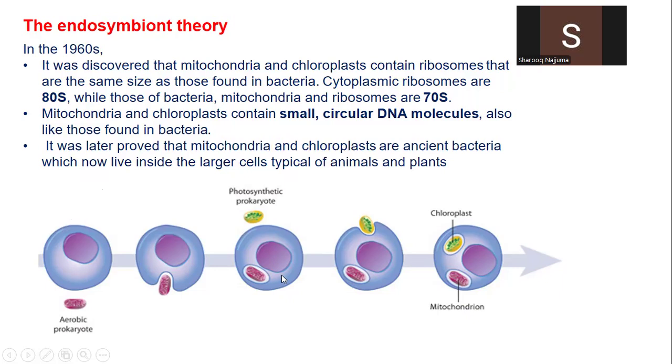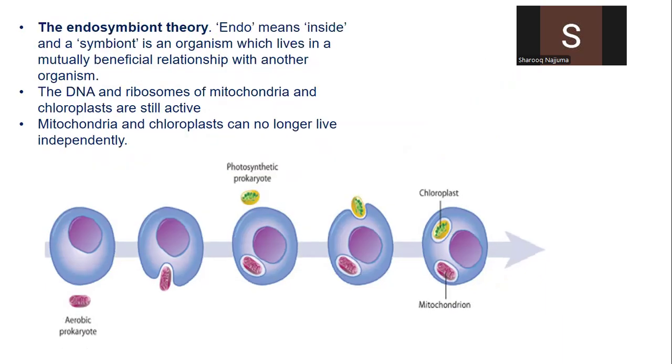For the plant cells, because they have chloroplasts, they engulfed chloroplasts and chloroplasts became part of them. So today, mitochondria and chloroplasts are part of those cells and they cannot live without each other because they are in a mutually beneficial relationship.